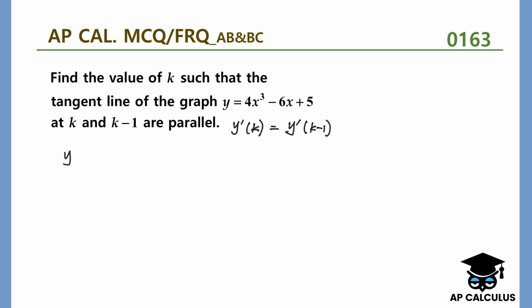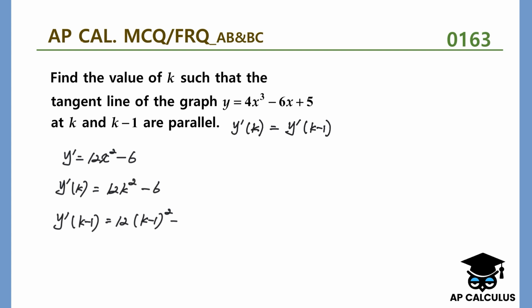So y prime is equal to 12x squared minus 6. So y prime of k is equal to 12k squared minus 6. What about y prime of k minus 1? That's 12 times (k minus 1) squared minus 6, right?